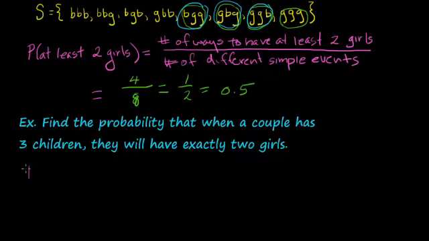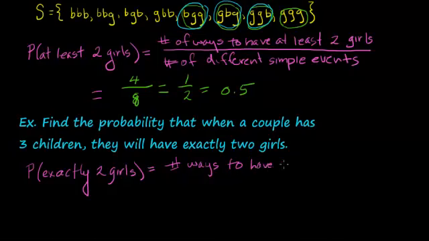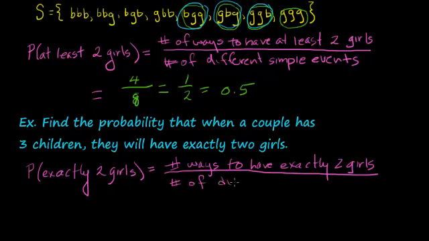So the probability of exactly 2 girls would be the number of ways to have exactly 2 girls. And we saw the number of ways is either the 2 girls are the youngest, or they're the oldest and the youngest, or they're the 2 oldest. So there were 3 ways that you could end up with exactly 2 girls over the number of different simple events.